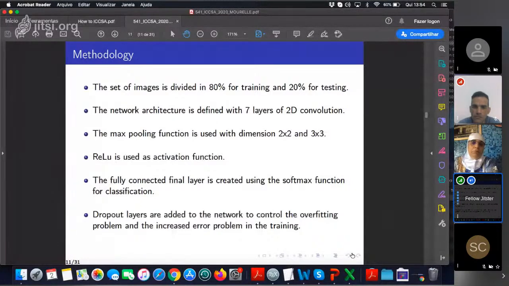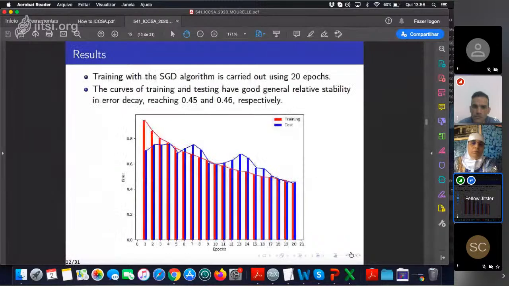So we have here one set of results based on the training with SGD carried out with 20 epochs. We can see that the curves for training, the red one, and testing, the blue one, have good general relative stability in error decay, reaching 0.45 and 0.436 respectively.